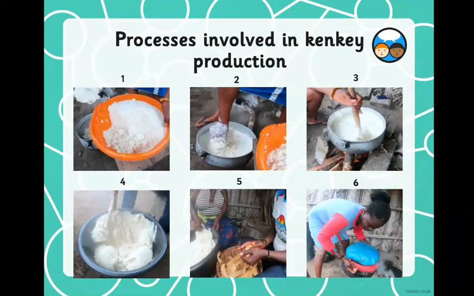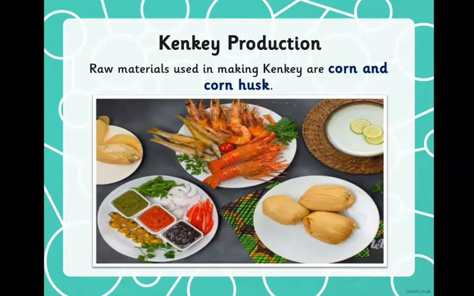It is then rolled into balls and covered with corn husk. The balls of kenkey are now put on fire to begin the final cooking process, and then it comes out as kenkey. Now, the raw materials used in making kenkey are corn and corn husk.